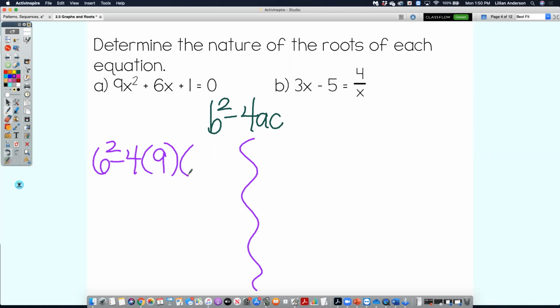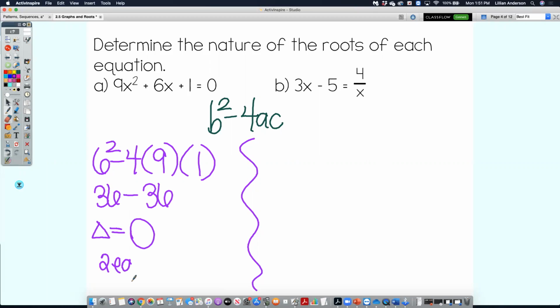And what is c? 1. It's not equal to anything. It is literally just the plugging of the numbers. It's an expression. So from there, you just work everything out. 6 squared is 36. Minus 4 times 9 times 1, which is another 36. 36 minus 36 is 0. If the discriminant is equal to 0, that means we have what? Two equal roots. We have two equal roots, or a double root.